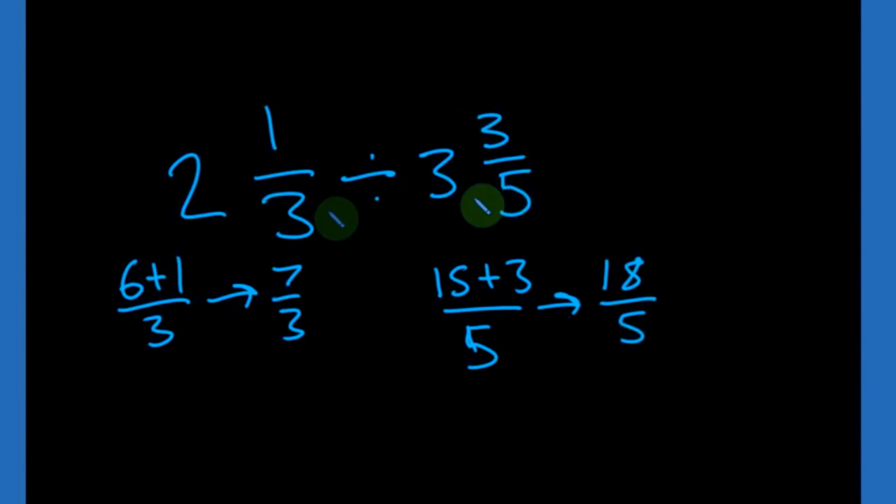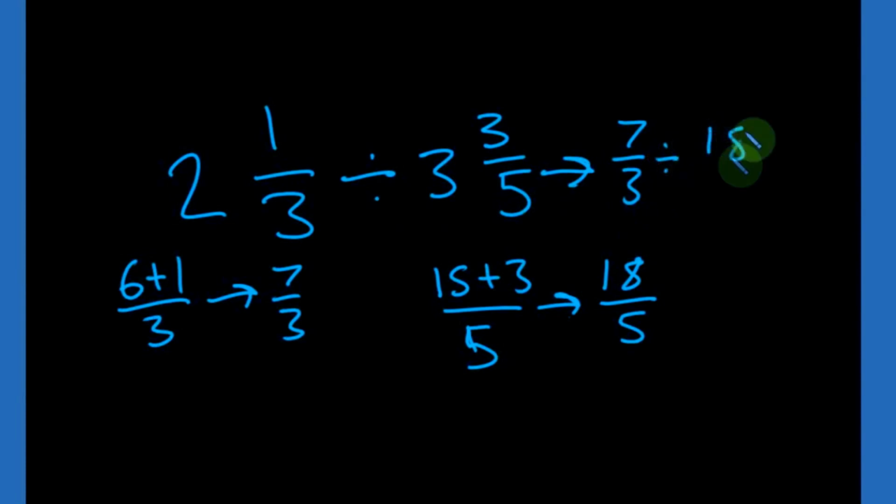So this question here effectively turns into 7 over 3 divided by 18 over 5. Now when we do division, we can manipulate the question to make it easier for ourselves and turn it into a multiplication question. The way we do this is we flip this fraction here and turn the division sign into a multiplication sign.